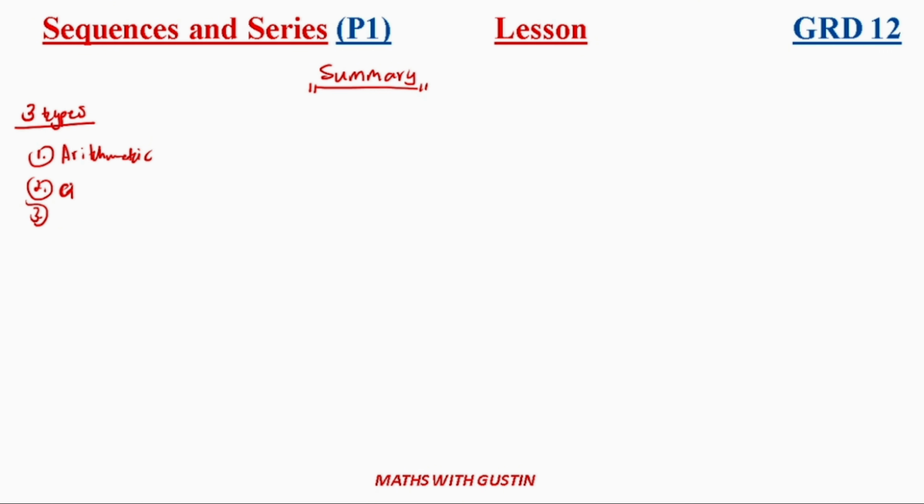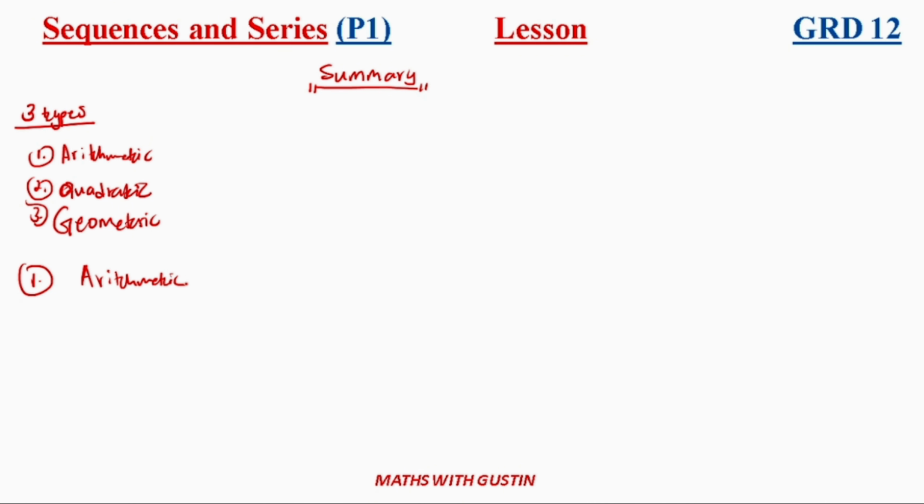Now let's rather do quadratic sequence as the second one, and then we have geometric as the third one. Okay, so if we were to start with arithmetic, let's start with arithmetic and unpack it as we go.